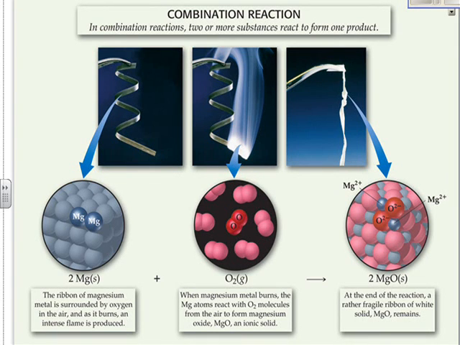So here's one of the reactions that we had in the page prior, the reaction of magnesium with oxygen. And you can see here that the magnesium ribbon actually combusts. There's combustion going on here to form magnesium oxide. So it's a combustion as well as a synthesis reaction. So combustions don't necessarily have to produce carbon dioxide and water.